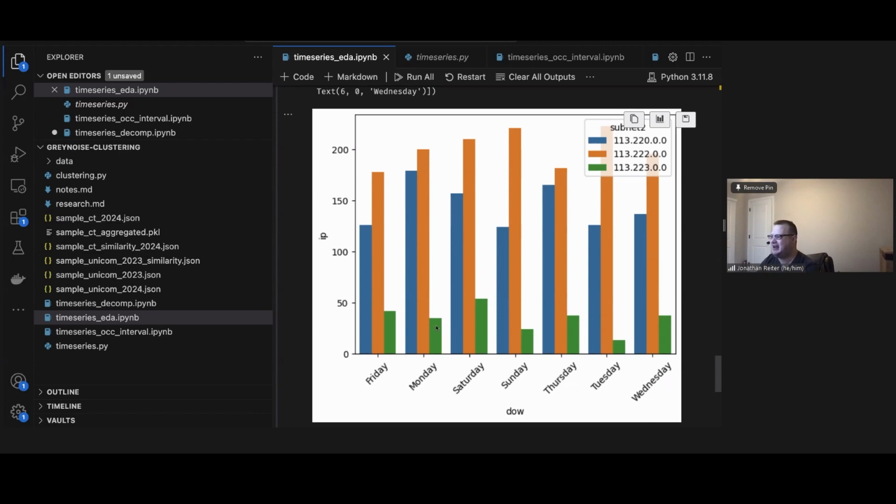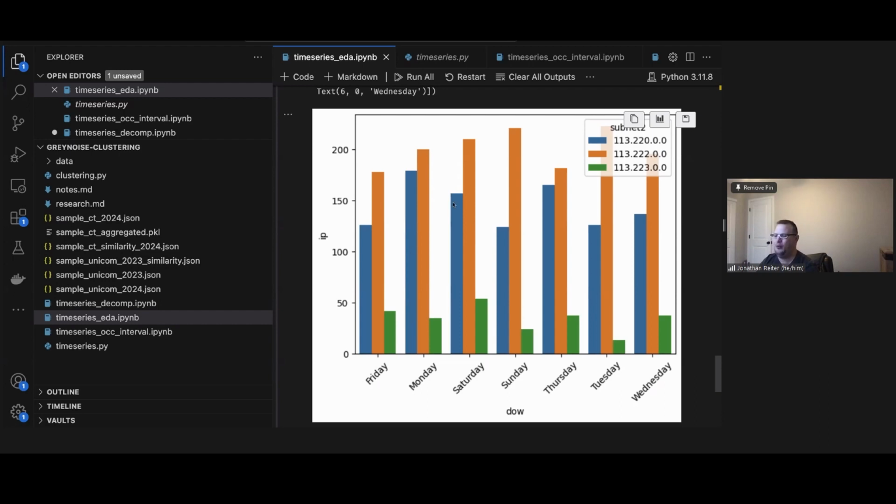There's not a coherent pattern. You can see Friday, Monday, Saturday, Sunday growing upwards, but that's not a sequential day of week for 222. And in general, it seems more random than not.